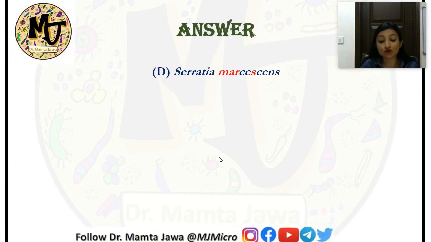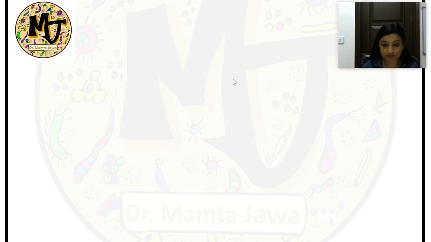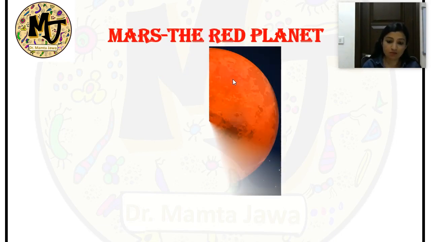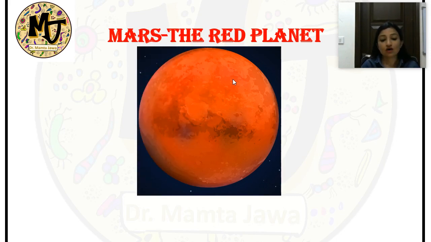Now, guys, I want you all to remember some important points regarding Serratia marcescens, and one very important point you can simply decipher out of its species name, that is Mars. Now, I have highlighted M, A, R, and S in red color. You know why? The reason is this. Mars, the red planet. Alright, so we have an organism in microbiology, that is Serratia marcescens.